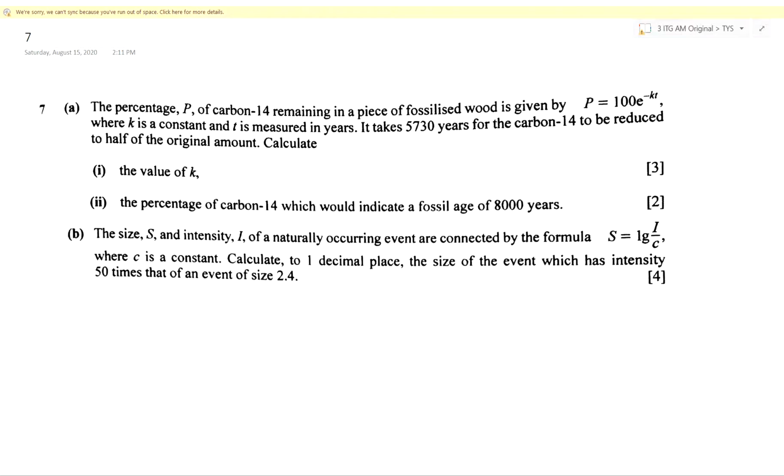Okay, so here we have the percentage of a piece of carbon-14 remaining in a piece of fossilized wood is given by P equals 100 times e to the power of negative kt.